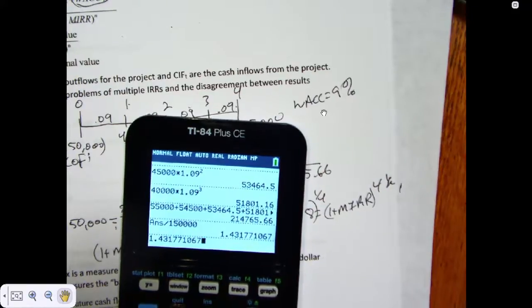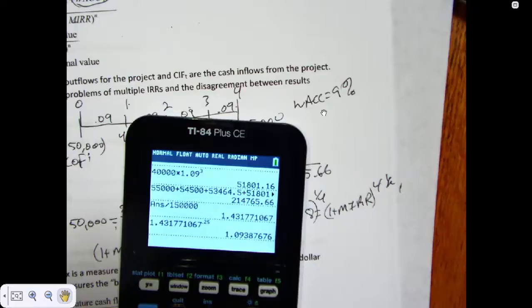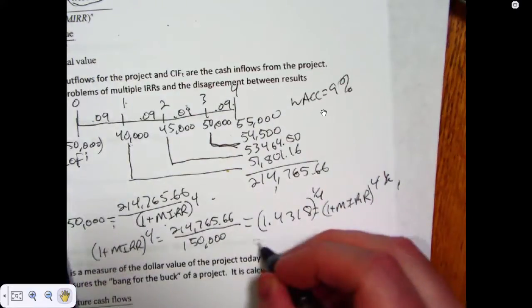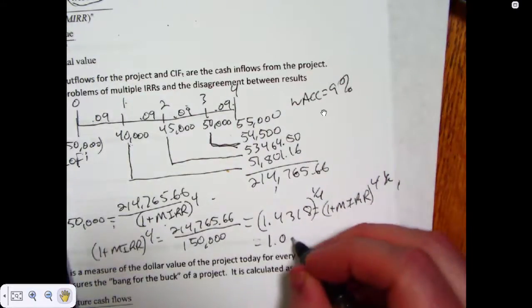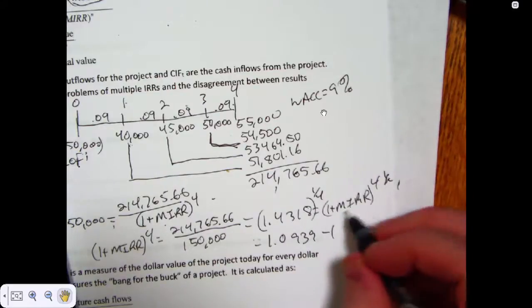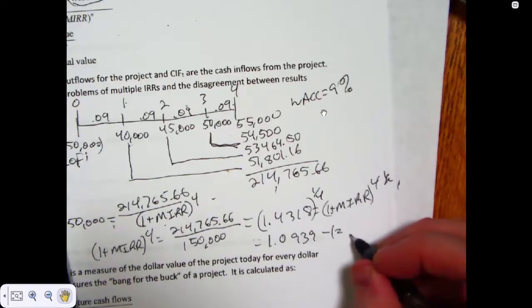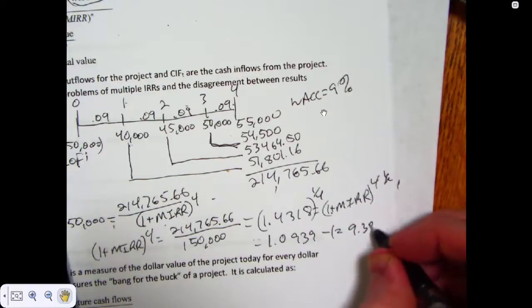It gives me 1.0939. I'm going to subtract 1 because it's plus 1, and that's going to give me an MIRR of 9.39%. Okay. So that's the modified internal rate of return.